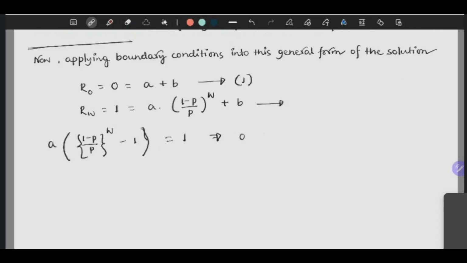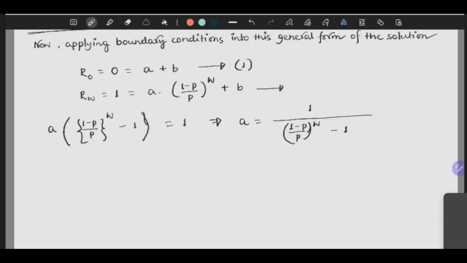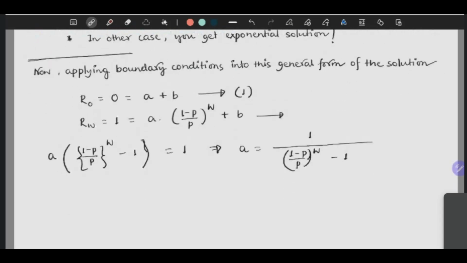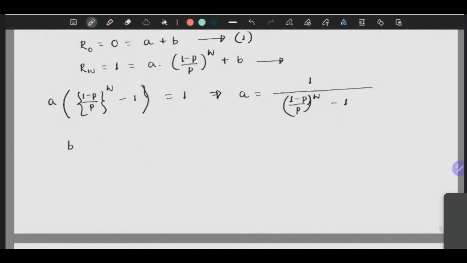From here you get a is equal to 1 by ((1 minus p by p) to the power w minus 1), and b is minus of a, so b is minus 1 by ((1 minus p by p) to the power w minus 1).